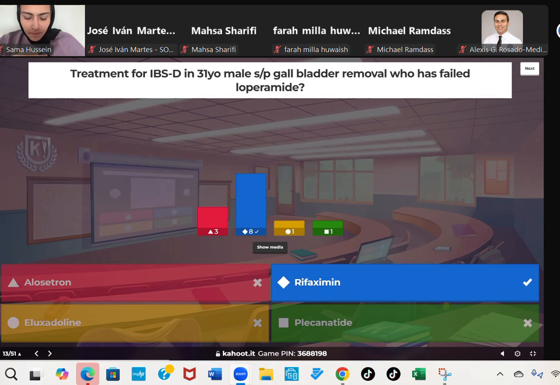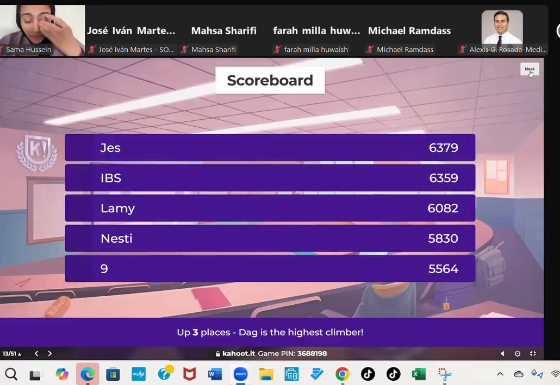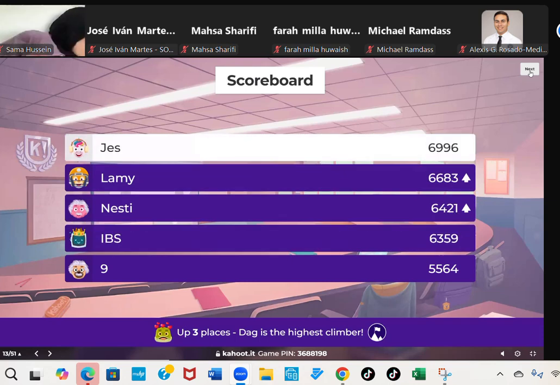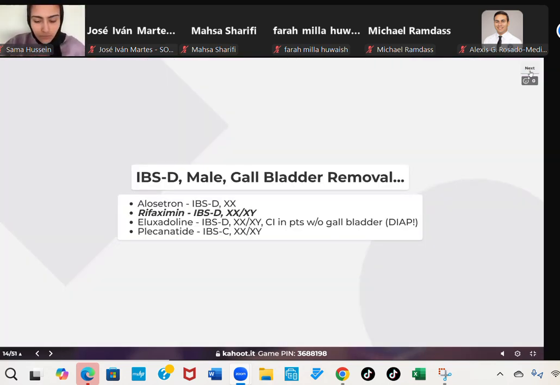All right. And what about plecanatide? Why can't we use plecanatide? It's for IBS-C. So this is going to make this patient's diarrhea worse. You'd just harm the patient. All right, so pulling out the things we need: the patient has IBS-D, they're male, they have their gallbladder removed.